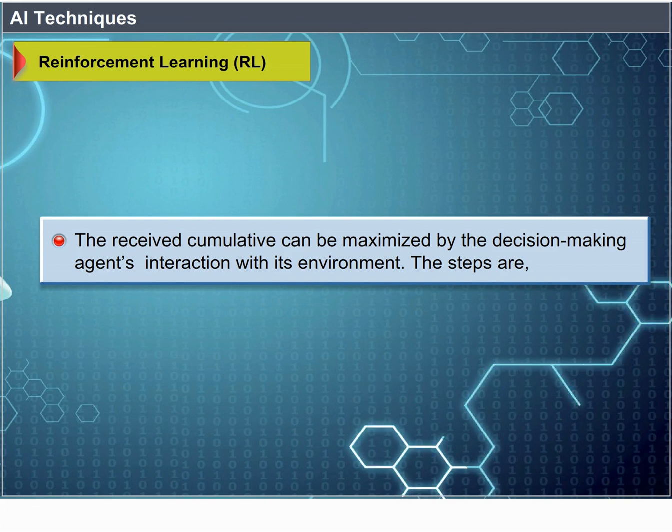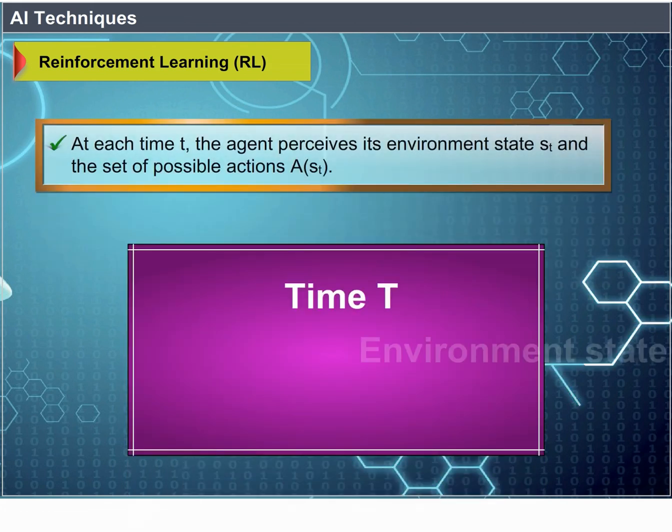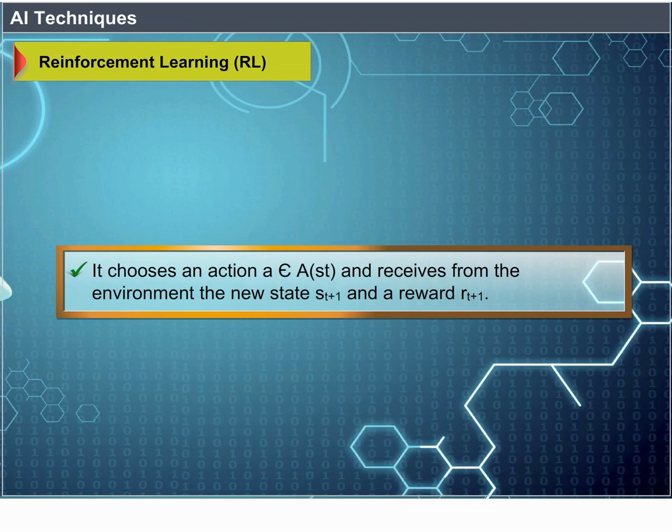The steps are: at each time t, the agent perceives its environment state s_t and the set of possible actions A(s_t). It chooses an action a belonging to A(s_t) and receives from the environment the new state s_t+1 and a reward r_t+1.